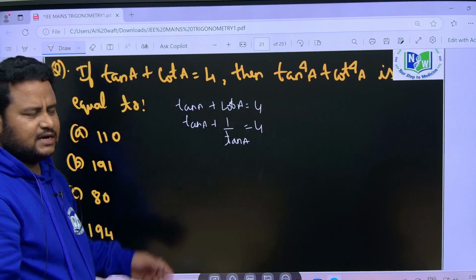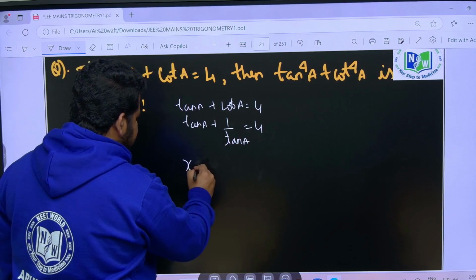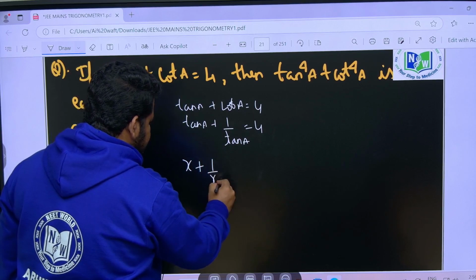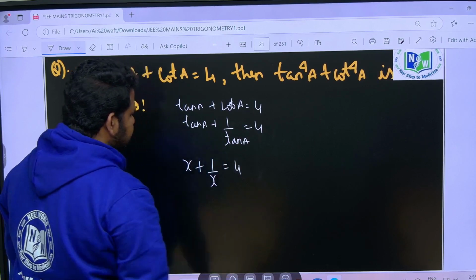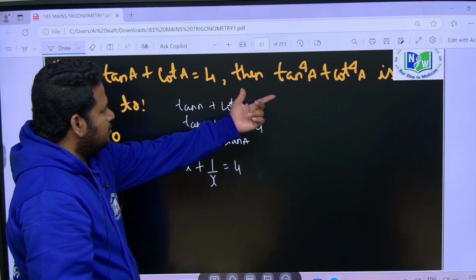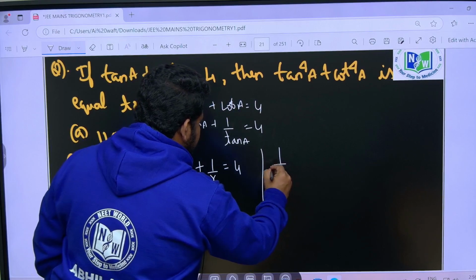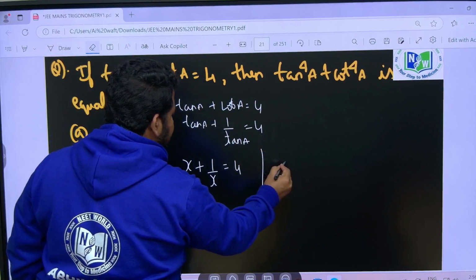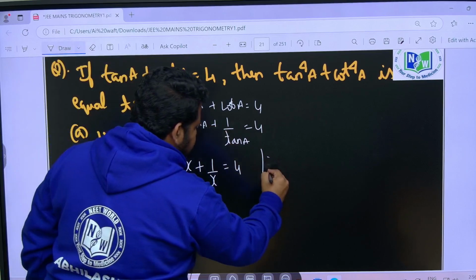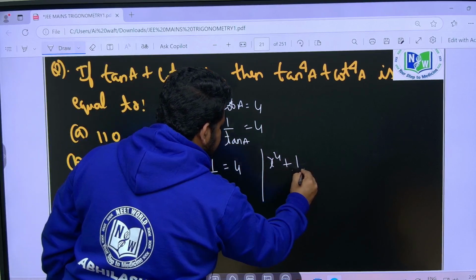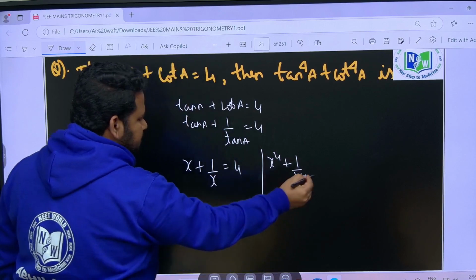So instead of tan A, let me write it as x. Let tan A be x. So x plus 1 by x is equal to 4. I need x to the power of 4 plus 1 by x to the power of 4. This is what we need.